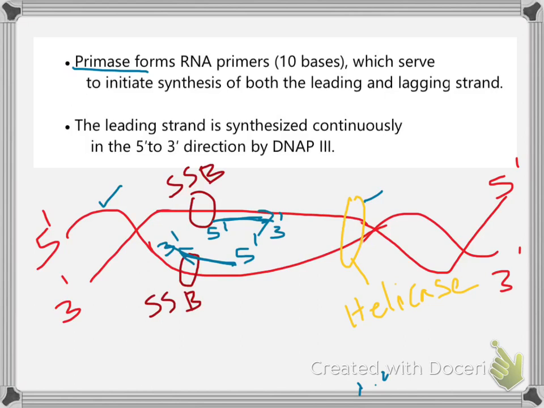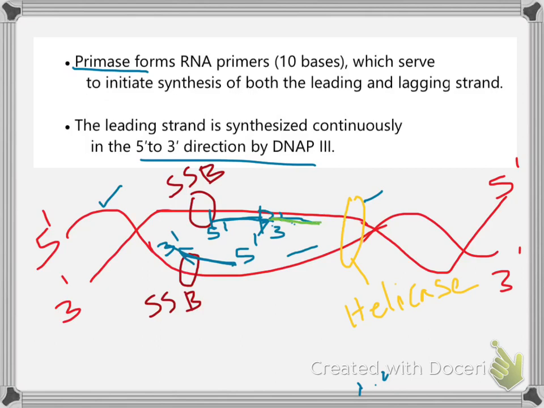So the DNA polymerase only moves in the 5' to 3' direction. So in this strand the DNA synthesis is continuous, but in this strand it will be discontinuous. Let us discuss that when the primer is added by the primase, the DNA polymerase 3 adds the nucleotides at the 3' end.